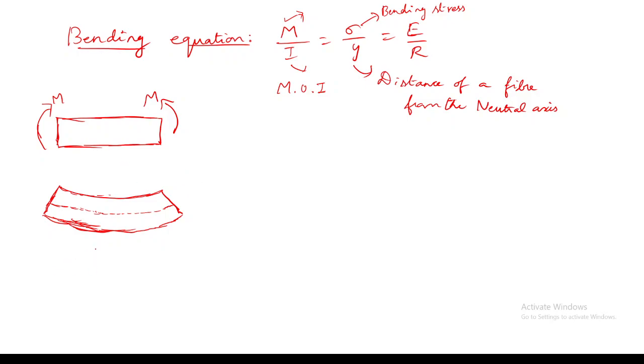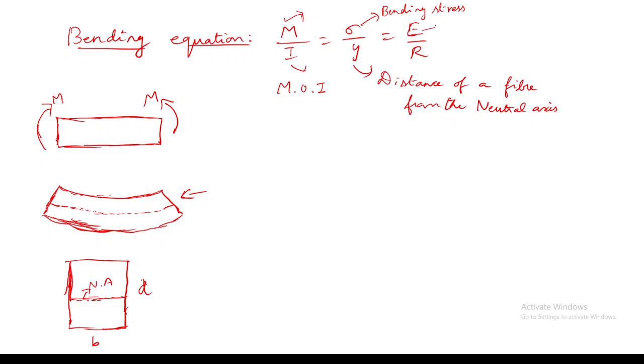When you are seeing the cross section from this side, which is a rectangular cross section, we can take it as width b and depth d. So you will have this as the neutral axis. For every cross section you will have this neutral axis.